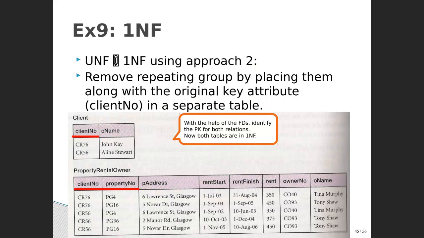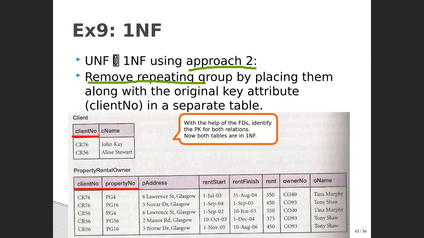Now, using approach number 2 to convert the unnormalized form to the first normal form. How can we do it? We remove the repeating group and place it in a separate relation along with its key.